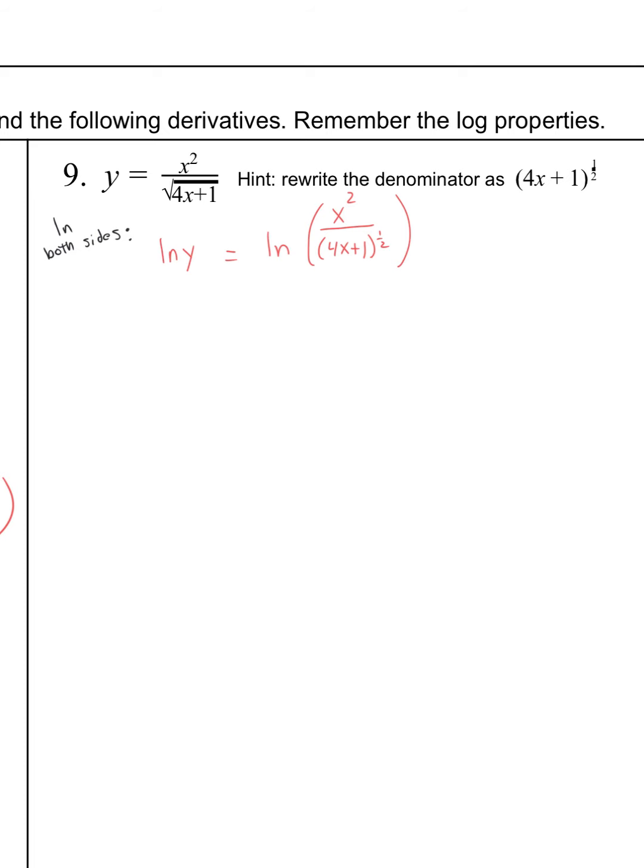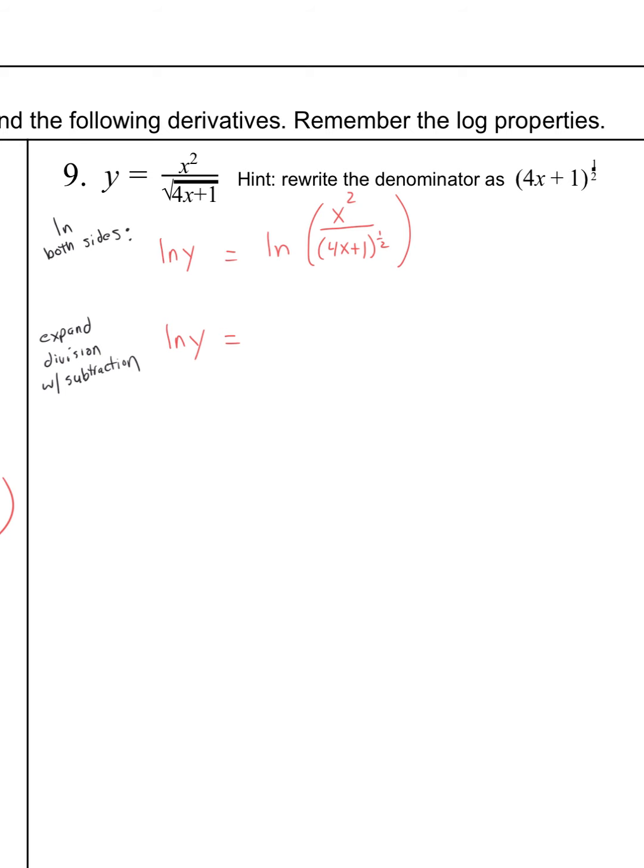The second thing we're going to do is use log properties to get rid of this fraction. We don't want a fraction, so we can expand division with subtraction in the log world. So for this step, the left-hand side stays as is for now.